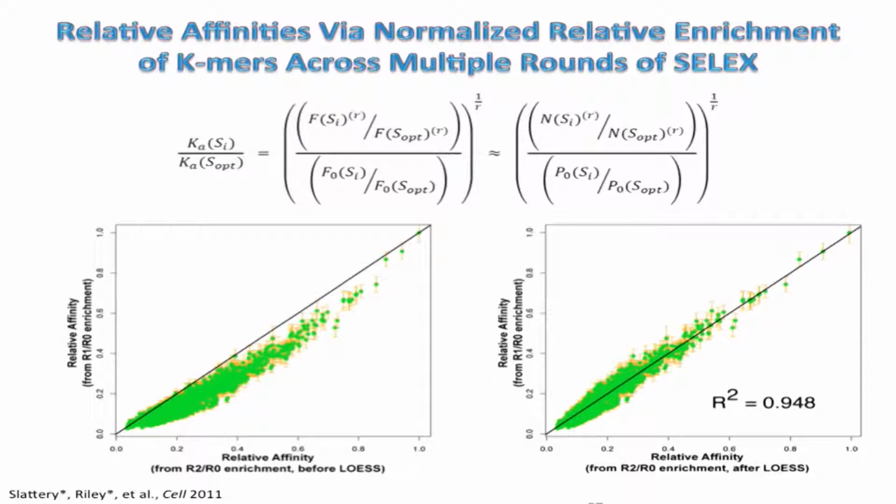You can see here that the error bars are pretty large for the R1 over R0 estimates, but you can't even see the horizontal error bars for the R2 over R0 affinity estimates. So that's telling you that the R2 over R0 affinity estimates have greater precision.